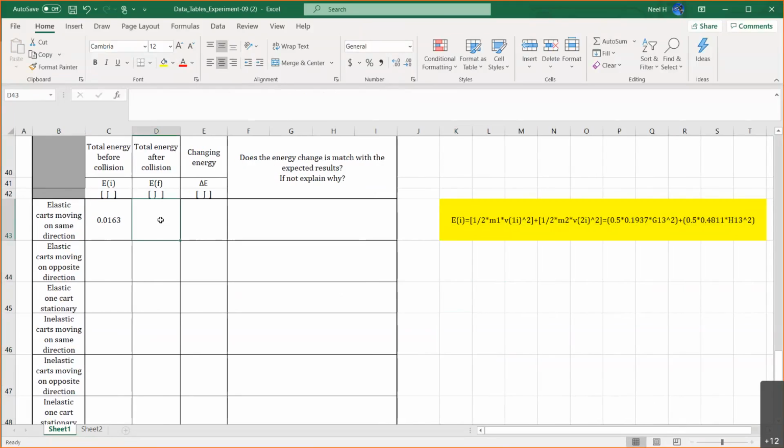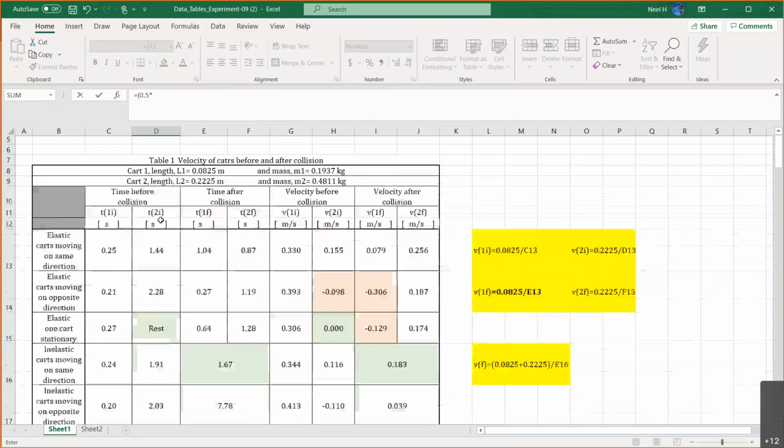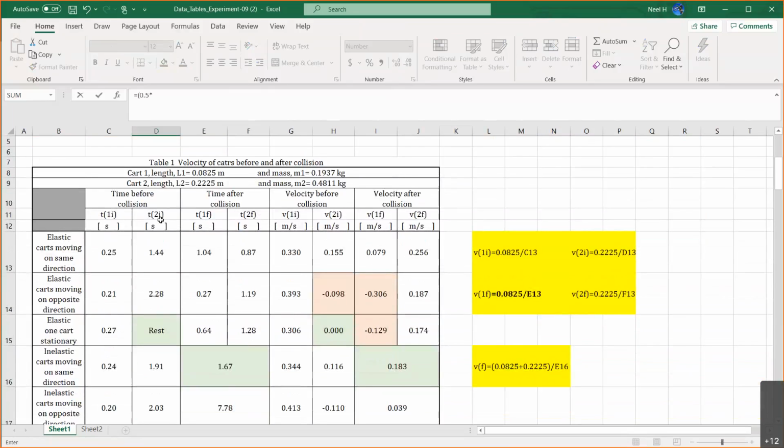All right, then let's do final energy. Equal sign, parentheses, half is 0.5 multiplied by mass of the object number 1, 1.1937 multiplied by velocity of object number 1 after collision, cell value I13 power 2, close brackets, plus open brackets, half 0.5 multiplied by mass of the object number 2, 2.4811 multiplied by velocity of the object 2 after collision, cell value J13 power 2, close brackets.